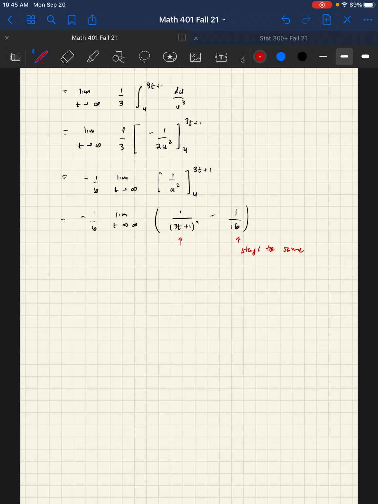As for this expression, when we plug infinity into it, because the denominator is a polynomial and the numerator is just a constant, this goes to 0 by dominance. This means all we're left with is negative 1/6 times negative 1 over 16.